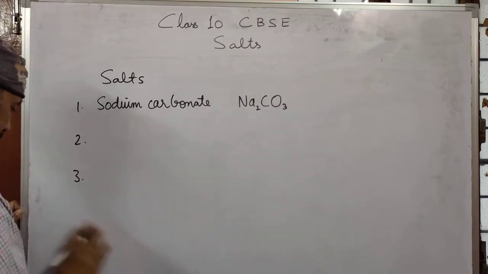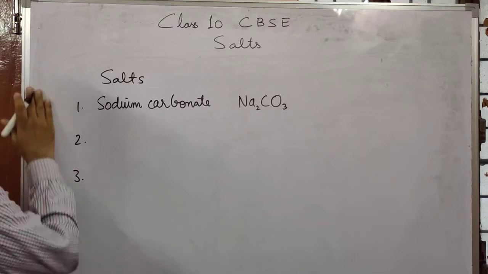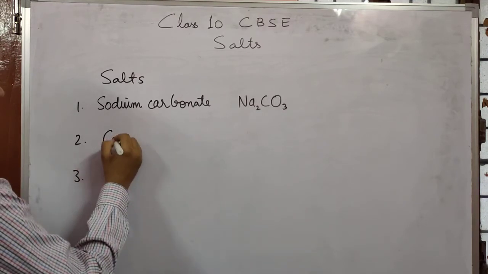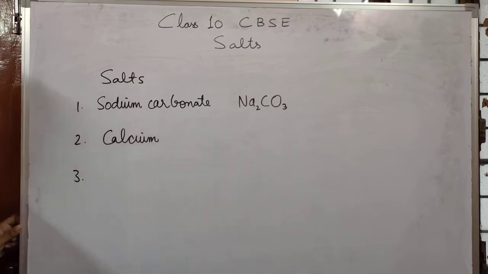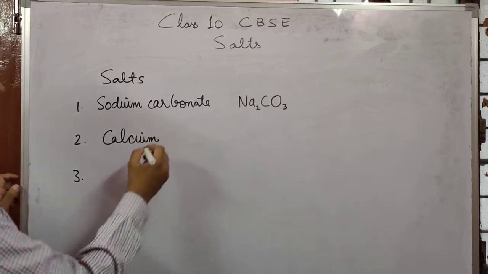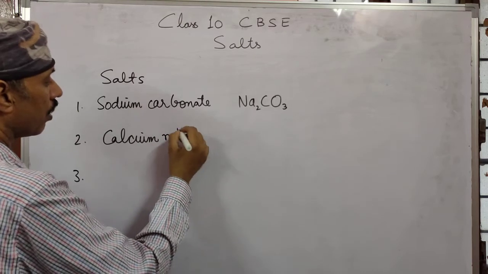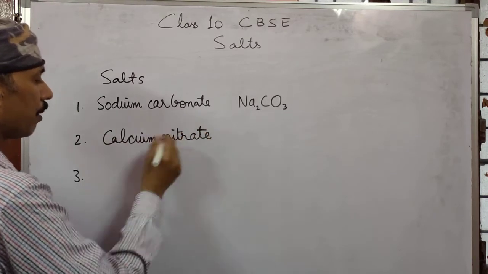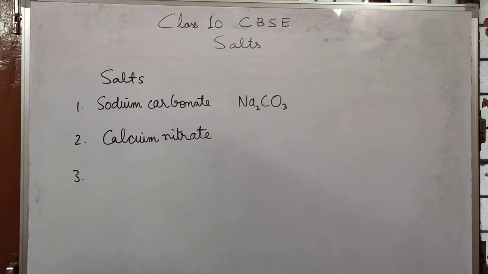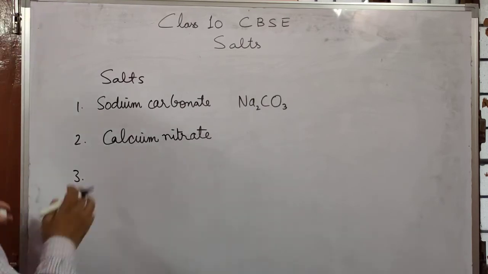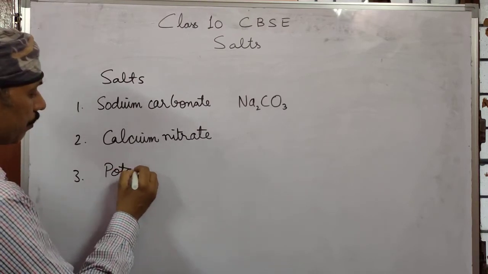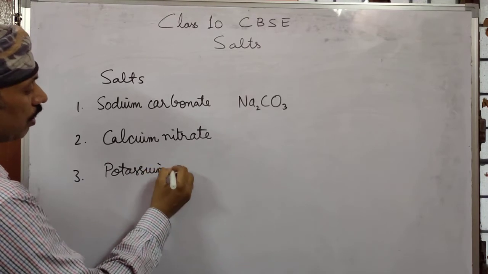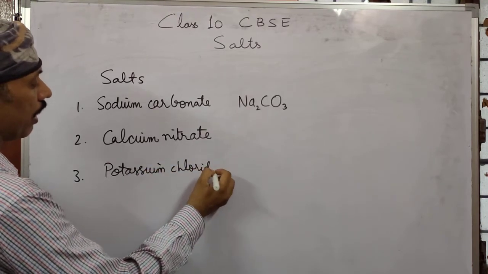Then we take calcium. Calcium salts are basically insoluble, but calcium nitrate is a soluble salt. Yes, any insoluble salt will not pass current. Calcium nitrate, then we take potassium chloride.